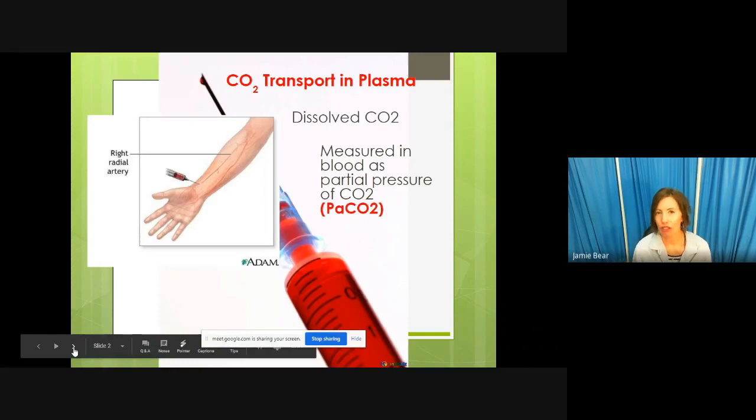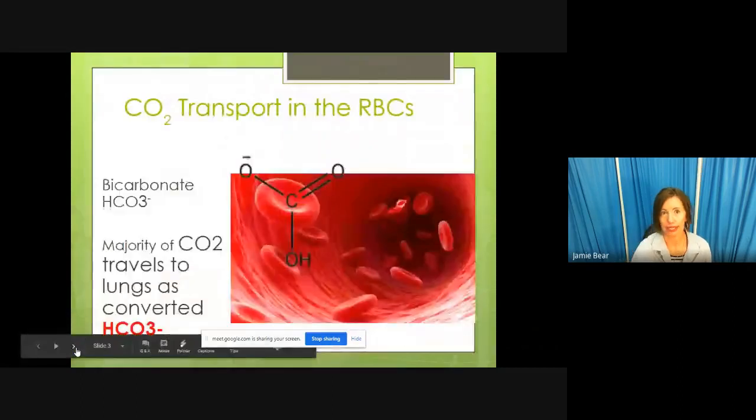When we measure the carbon dioxide level as we take an arterial blood gas, it'll come up as the PaCO2, and this is measuring the amount of dissolved carbon dioxide in the blood. So although it's a small portion of the transport of carbon dioxide, because as we learned, most of it is transported as bicarbonate, it's a good snapshot of the amount or the content in our bodies.